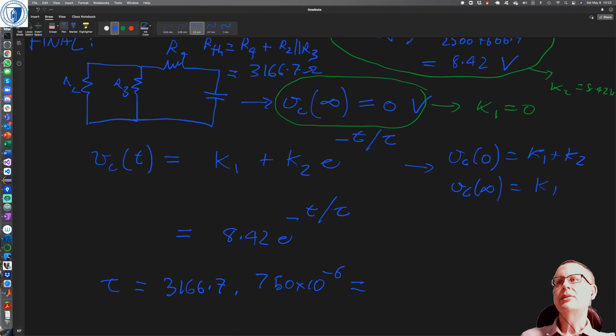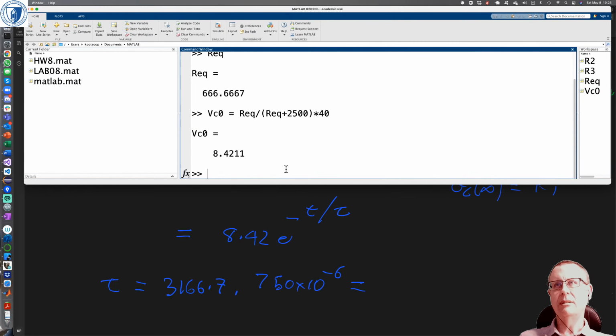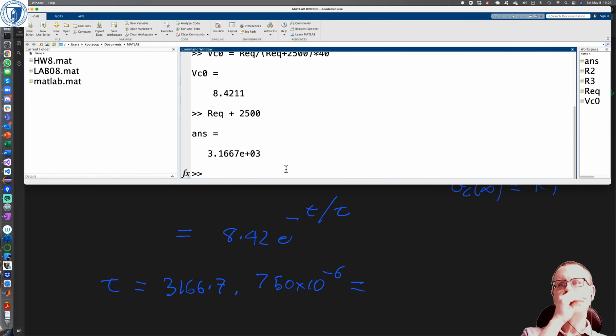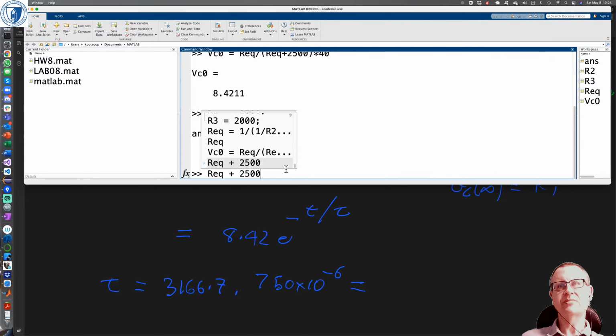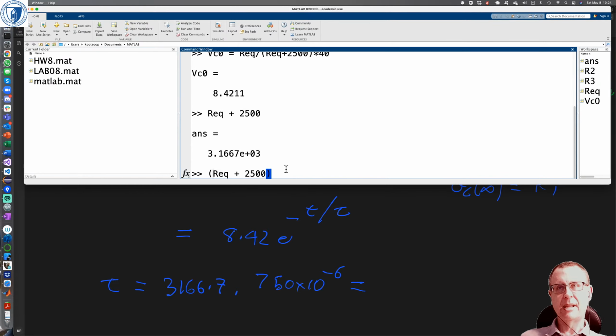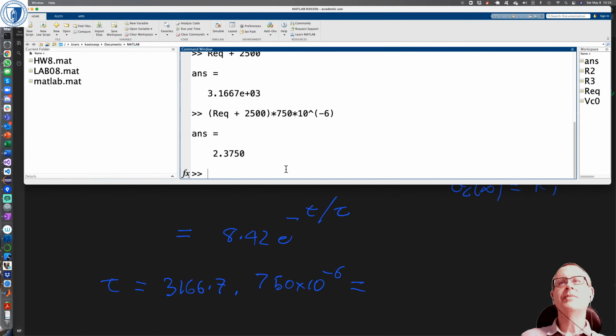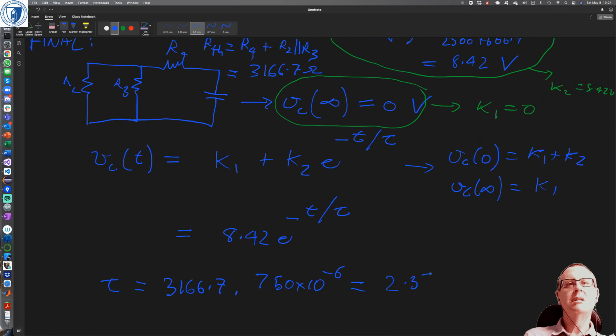Let's check the numbers: REQ plus 2500, and I need to multiply that number by C, which is 750 microfarads. All right, so our tau is 2.375 seconds.